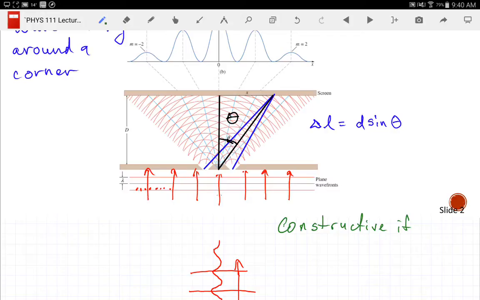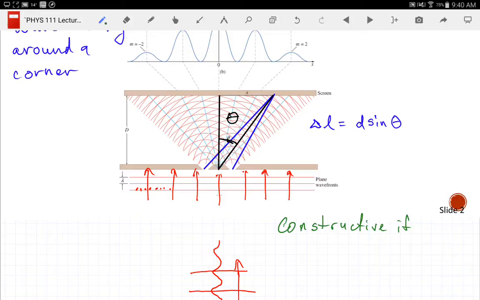So what's the smallest path length difference for them to be in phase? Why are these two rays going to be out of phase?